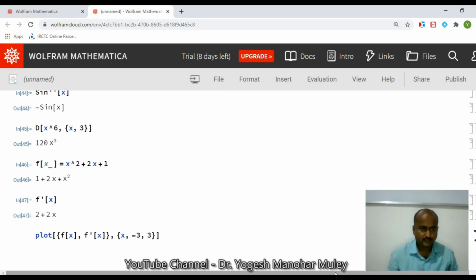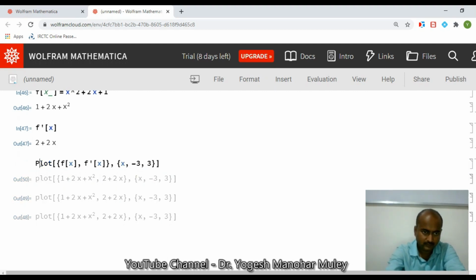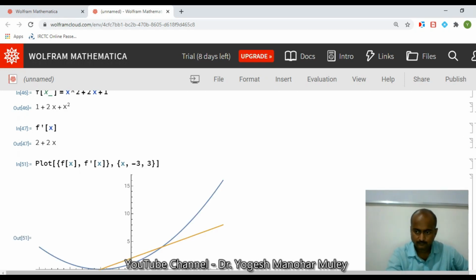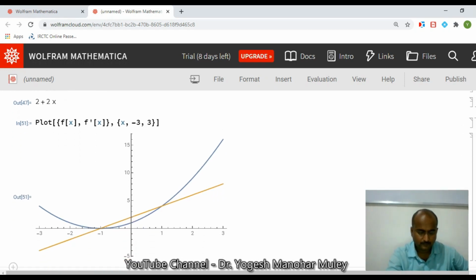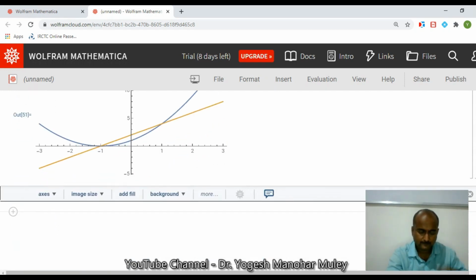This will give us a parabola and a line between -3 and 3. Okay, we made a mistake, it should be a capital P in Plot. The first graph is for the parabola and the second is the line between -3 and 3.